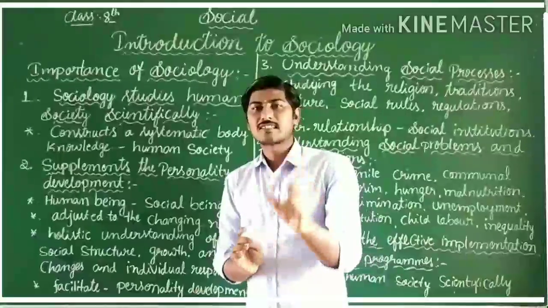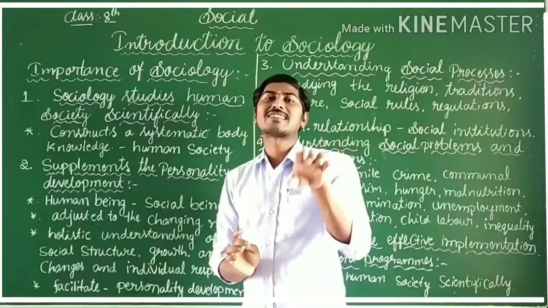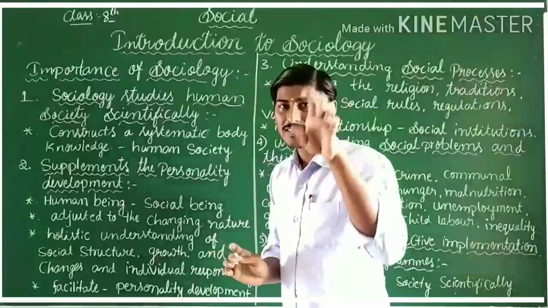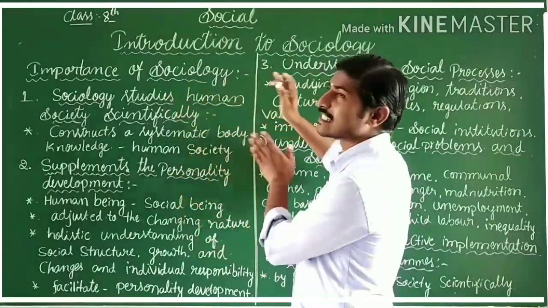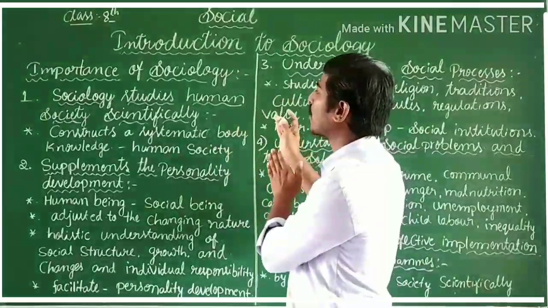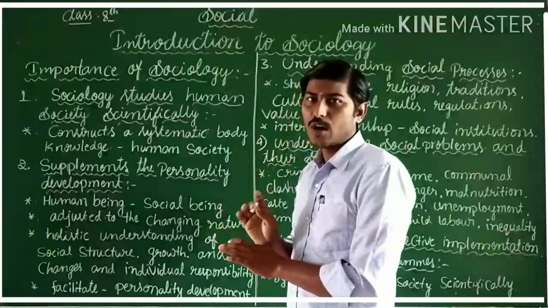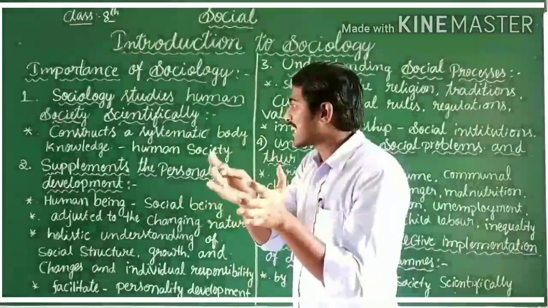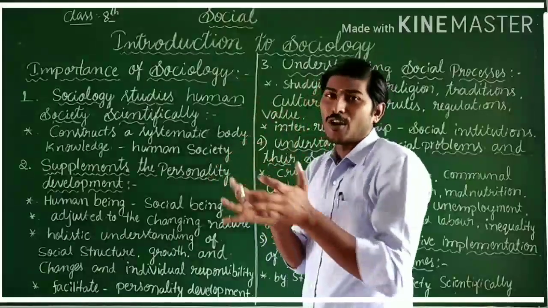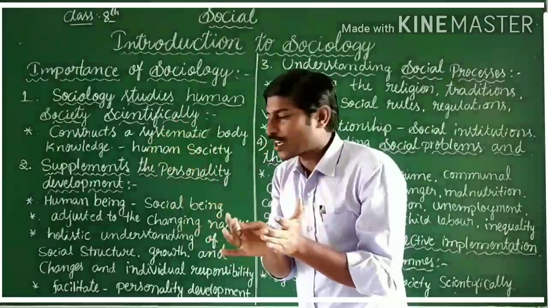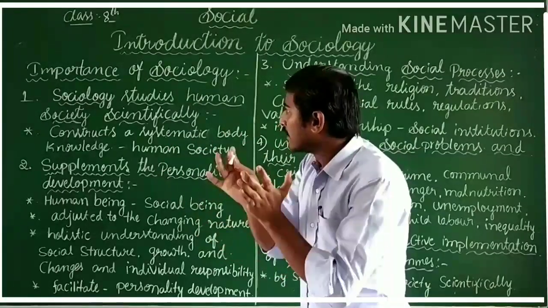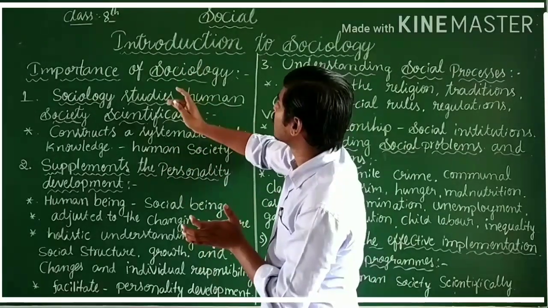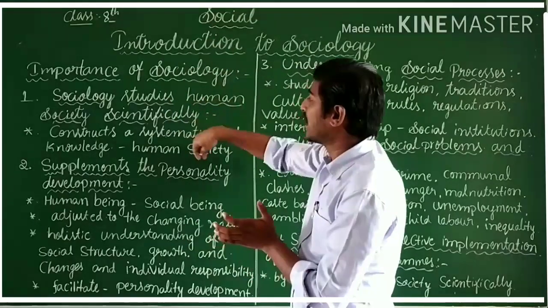Scientifically means that the systematic study of knowledge is called science. So in a systematic way we can learn about human society. That systematic way we call scientifically. Human society is constructed as a systematic body of knowledge, so we can learn it in the scientific way.